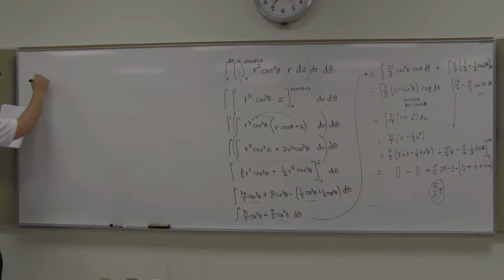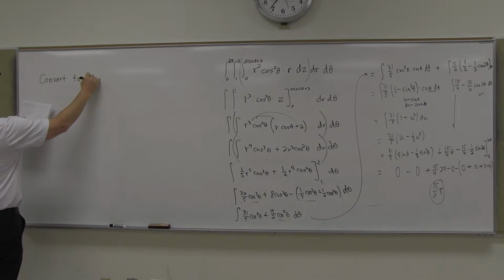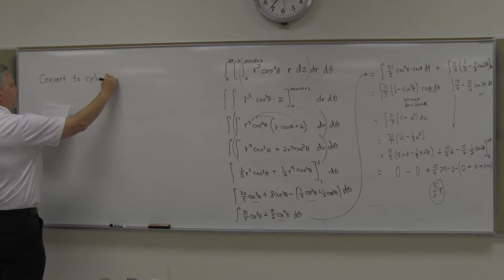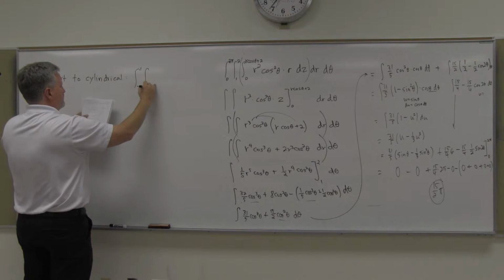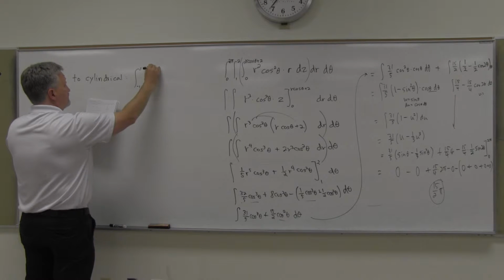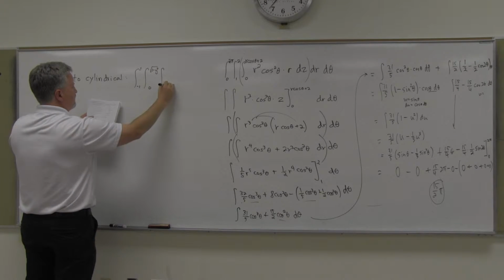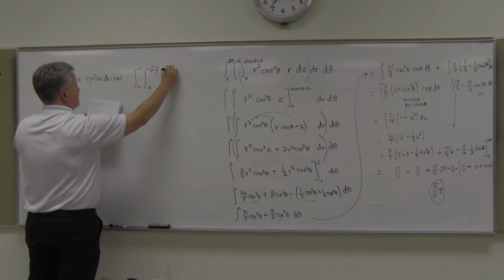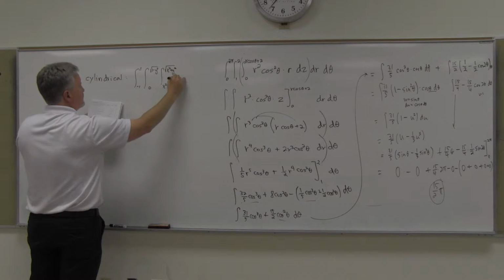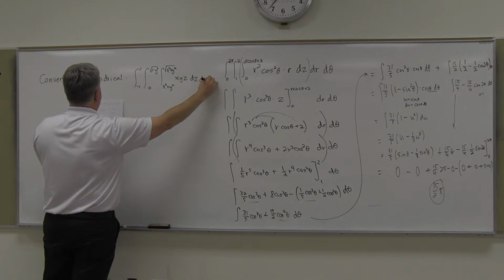Let's convert to cylindricals. Talk about one of those. All right, so we got -1 to 1 is first, 0 to the square root of 1 minus y squared, and then x squared plus y squared to the square root of x squared plus y squared, x y z, dz dx dy.